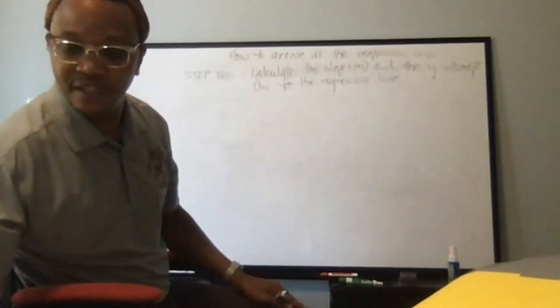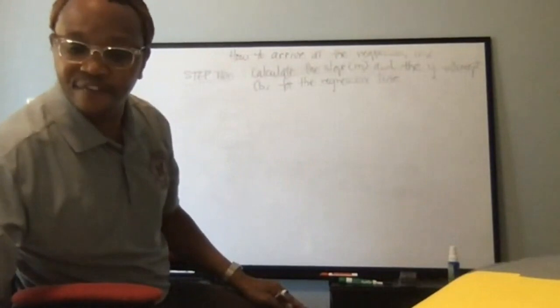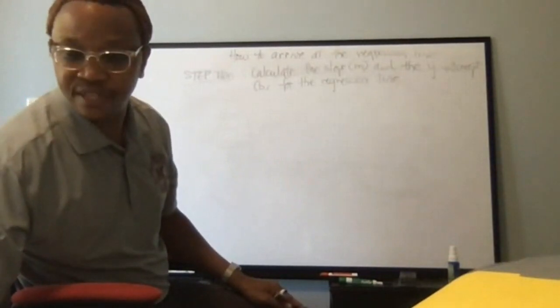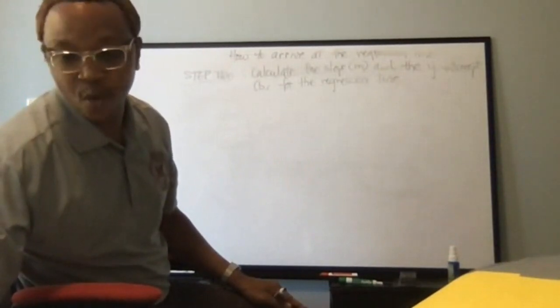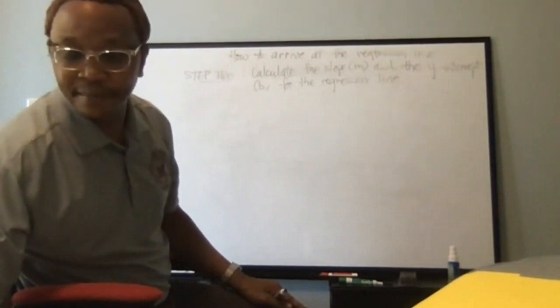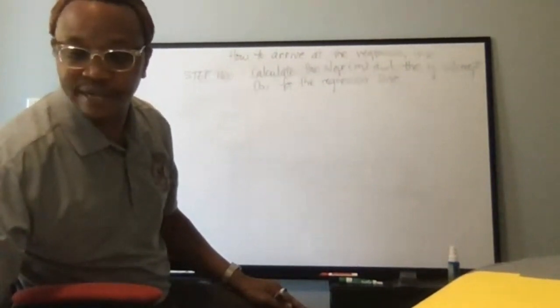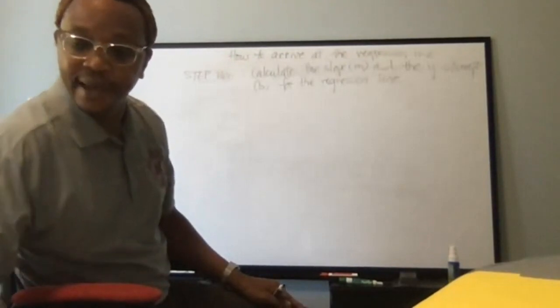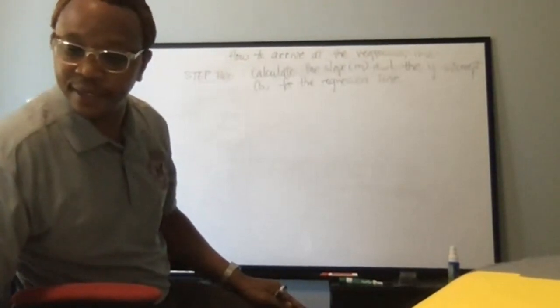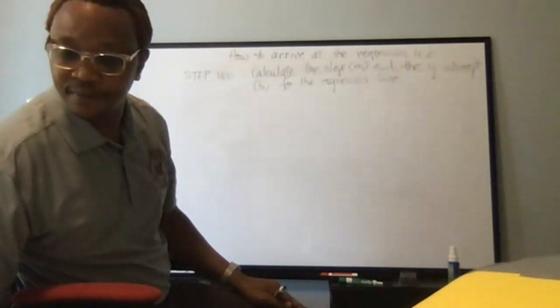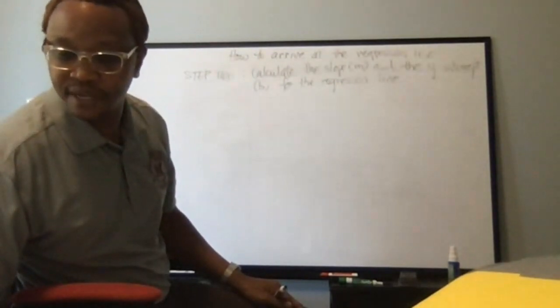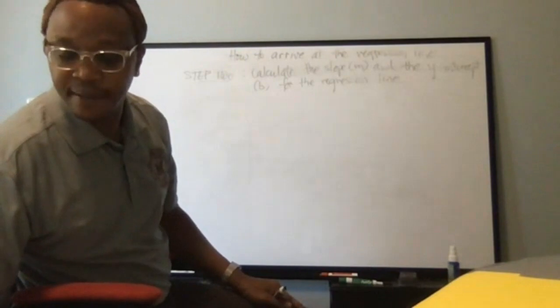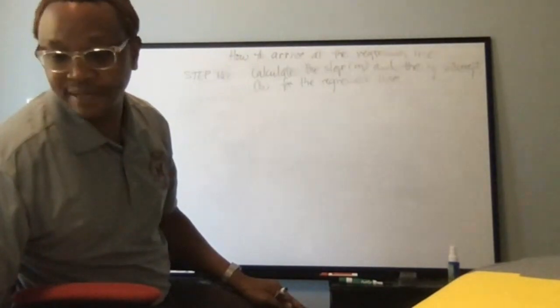So for these two formulas, the first one, where it says a equals that, for us, that's going to be our y-intercept. So in my textbook, I crossed out the A and put the letter B there for y-intercept. And then scroll down a little bit, you'll see the other formula that says N and then some other stuff. They have B there, but that's going to be our M.